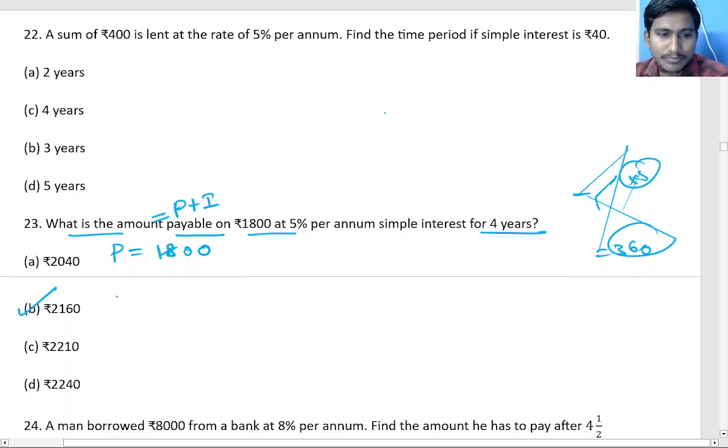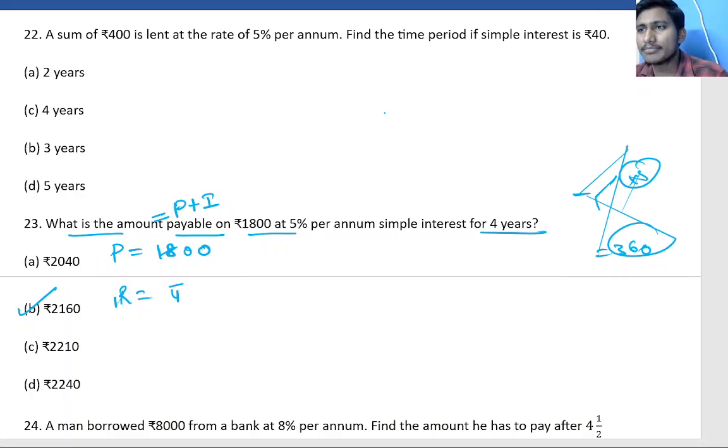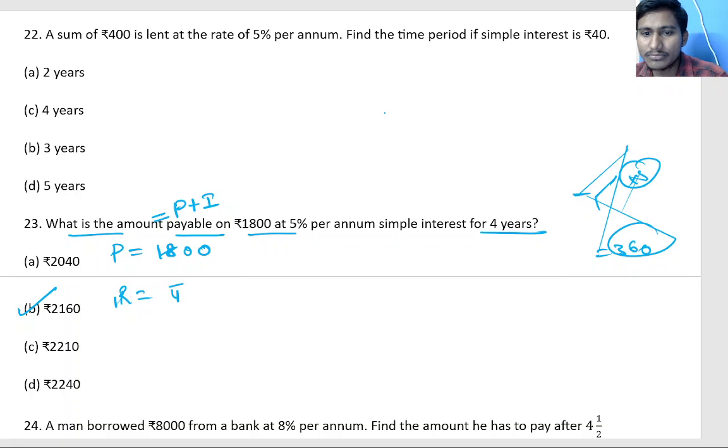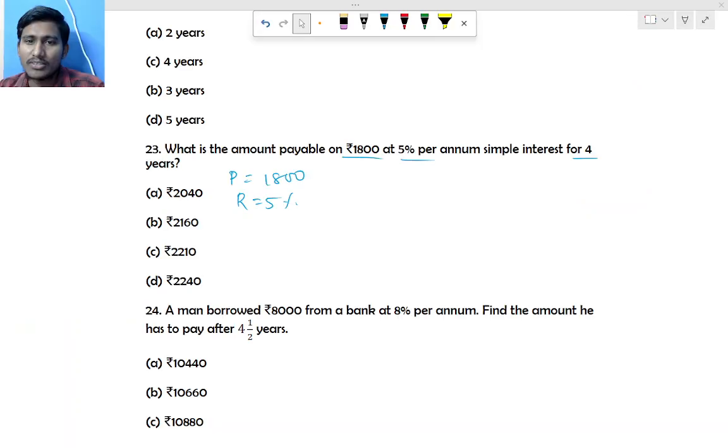So you just have to substitute in the formula and you will get the answer. Okay, this is getting stuck. Wait a minute. So let us do next.